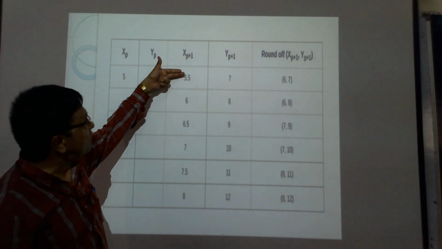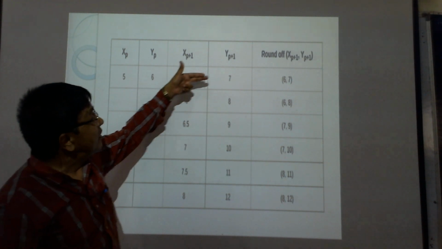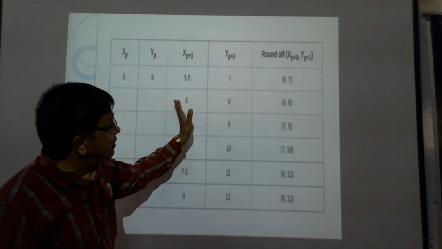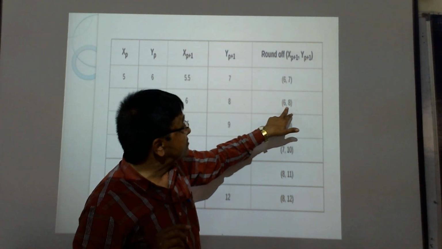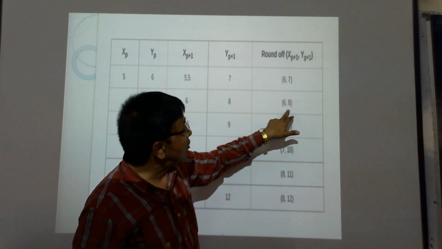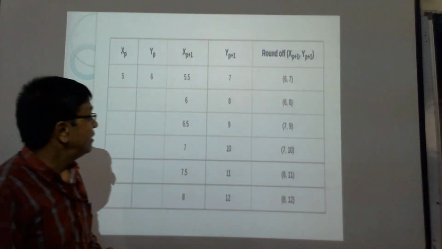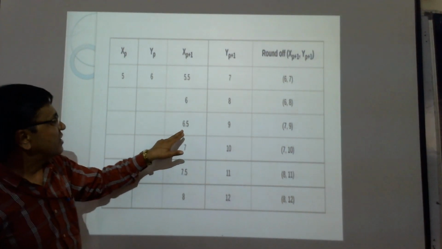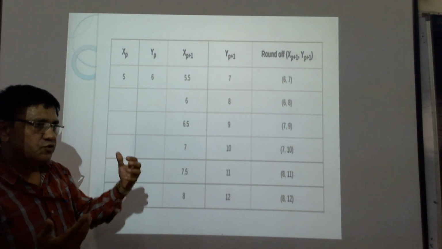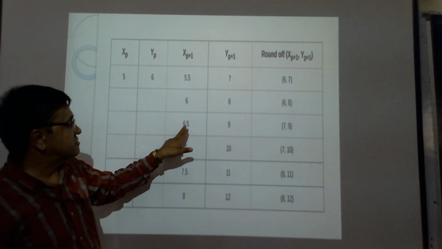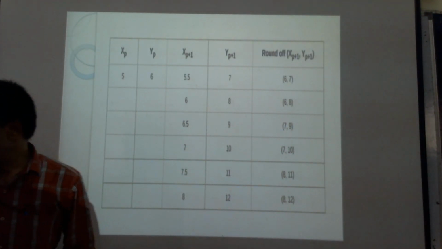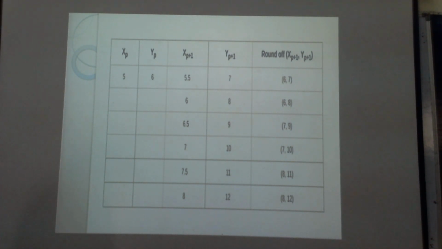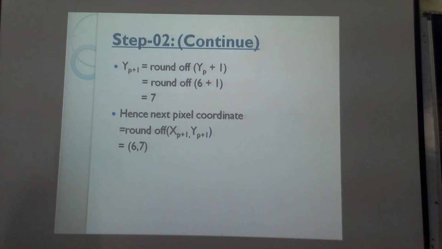So from 5.5 we are getting 6, and from 7 we are getting 8, and this third coordinate is 6, 8. Again we calculate using similar steps. This is 6.5 and 9, which we calculate using the previous case I have already discussed with you.